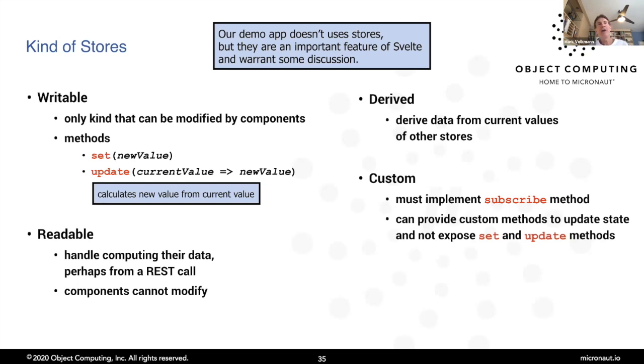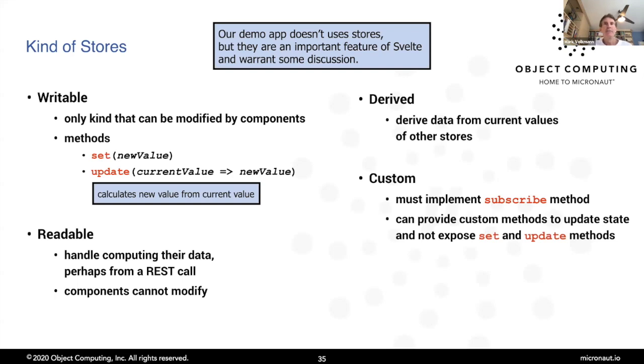But what if I want to make it so that you can't do that? You have to just tell the store, I'd like you to increment or decrement or reset to 0. So with a custom store, I can avoid exposing set and update and just expose the methods I want to control the ways in which components can modify the value.